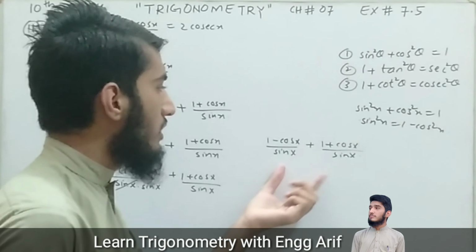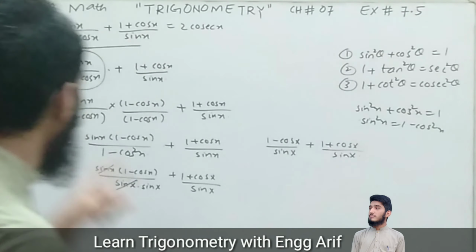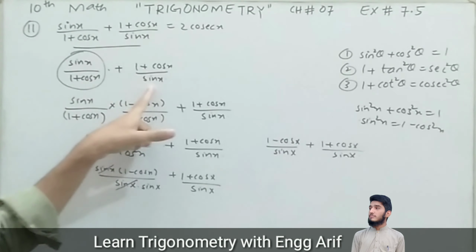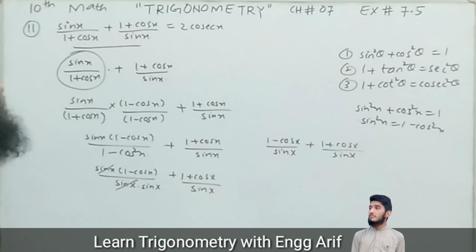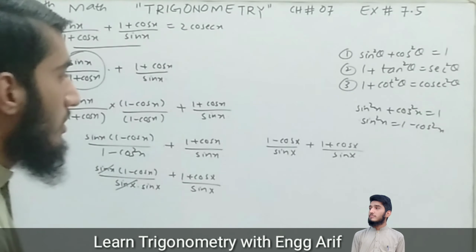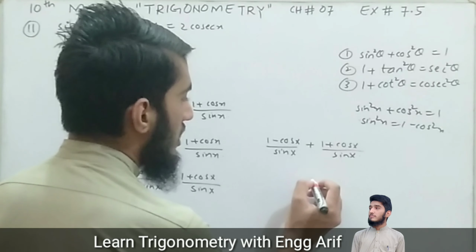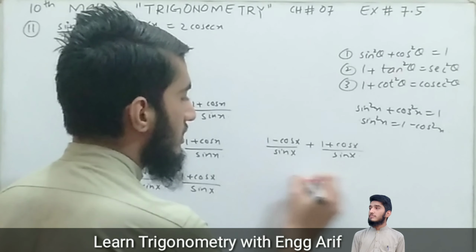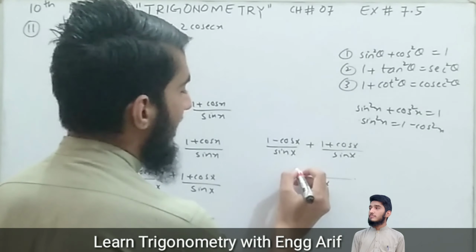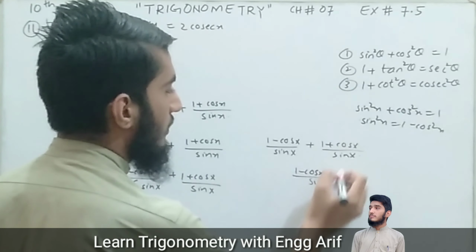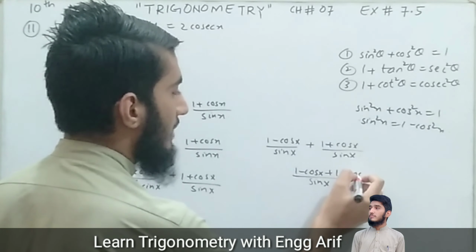Over here I need the LCM same, because otherwise the LCM would be 1 plus cos x and sin x. So the method would be very difficult and the question would be very difficult. That's why for the easiness I apply this method. So over here the LCM is same, so it becomes sin x. So over here in the numerator we are left with 1 minus cos x and over here we are left with 1 plus cos x.